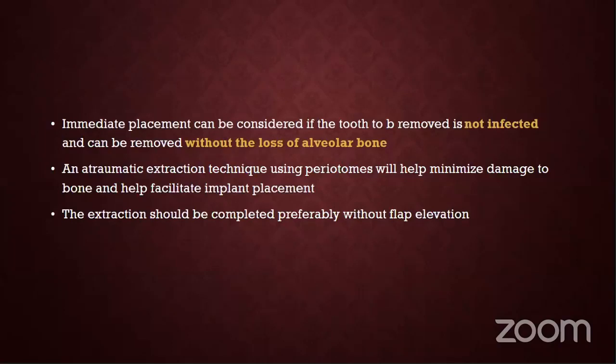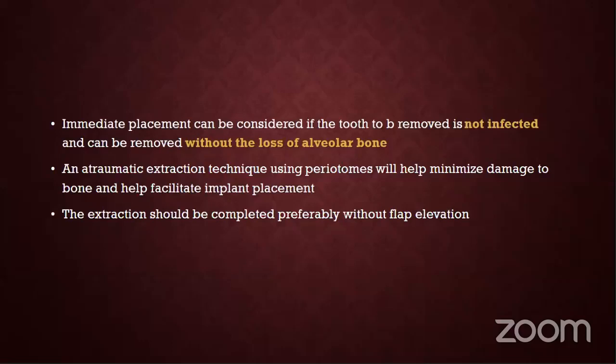Pay attention if the tooth has an acute infected lesion. Immediate placement is not the right treatment then, and we must extract the tooth and place the implant after a period of time.